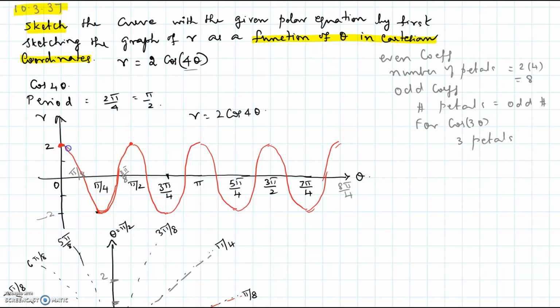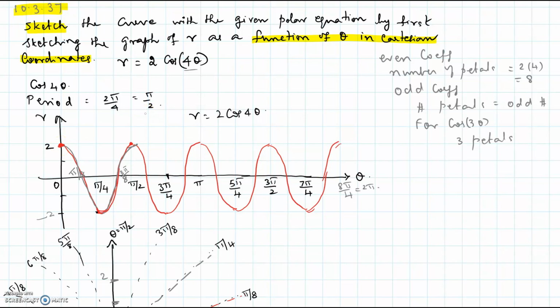Then if you want to graph up to 2 pi, you can repeat it. The Cartesian graph is shown here. The amplitude is 2 and the period is pi by 2.